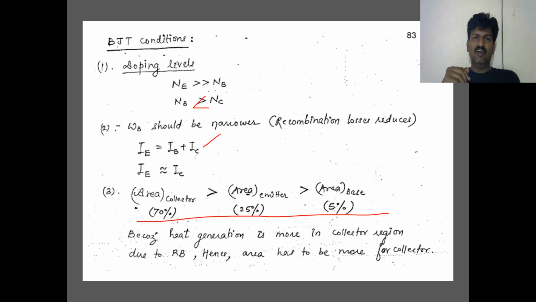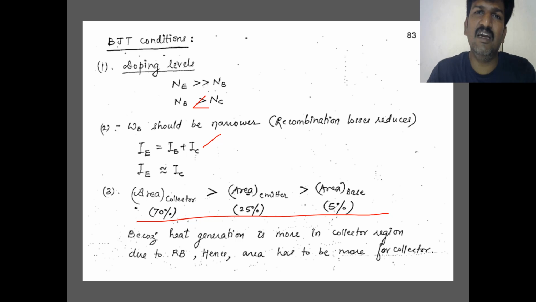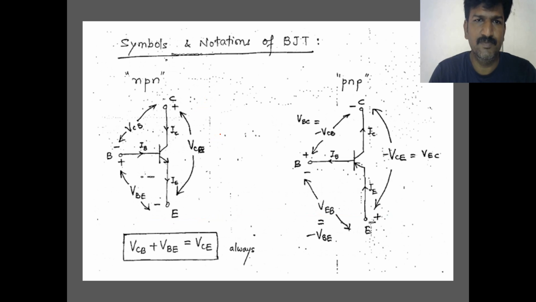It is equal to 5 amps plus 95 amps, something like that. 95 amps corresponds to the collector current and base current is only 5 amps. So we can neglect it. So emitter current is almost equal to the collector current. Next point.